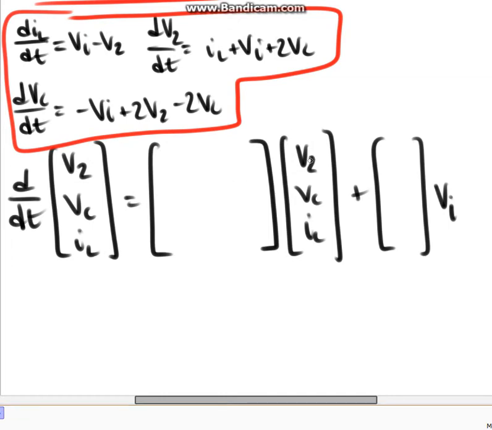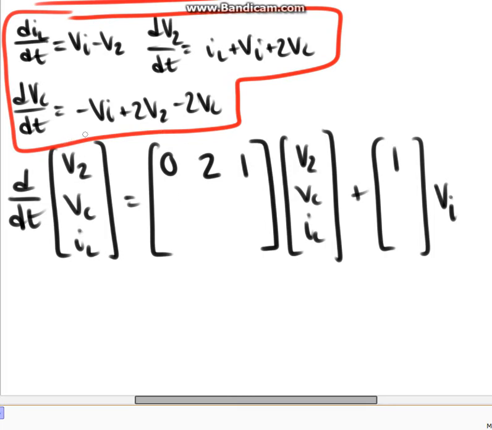For the first equation, V2, we have 0 V2s, 2 VCs, 1 IL, and 1 VI.